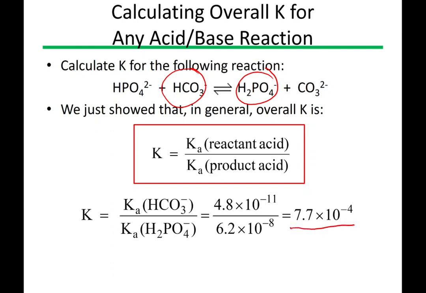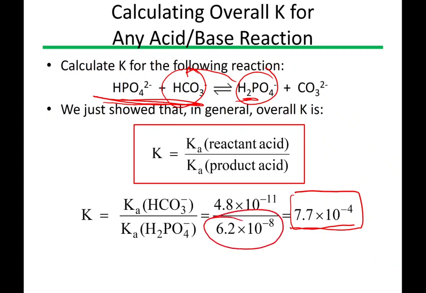You'll notice this is telling us that this reaction is going to be reactant favored because this is less than 1. So between these two species, we expect the equilibrium to favor this side, which means that H2PO4- is better at giving up a proton than HCO3-. And that's consistent with the fact that H2PO4-, having a higher Ka, is a stronger acid.